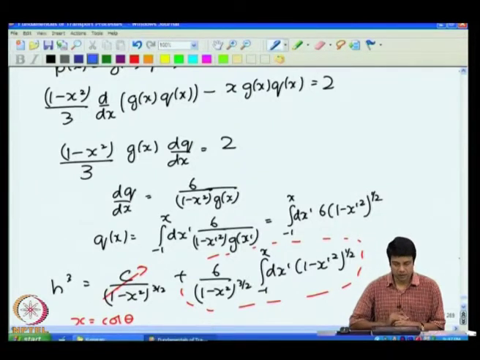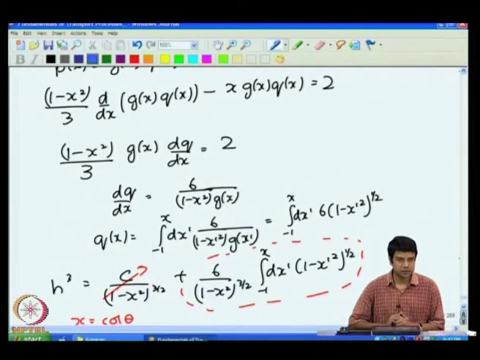One condition that you have for theta is that at the upstream stagnation point, theta is equal to pi or x is equal to minus 1, the boundary layer has to be of finite thickness. Note that this solution for h cubed actually goes to infinity at both x is equal to plus 1 and x is equal to minus 1.